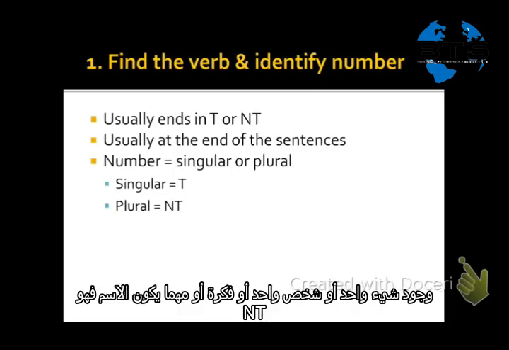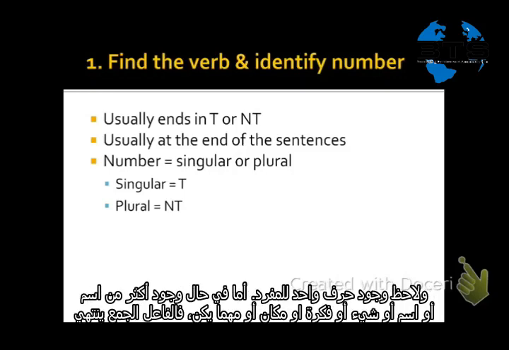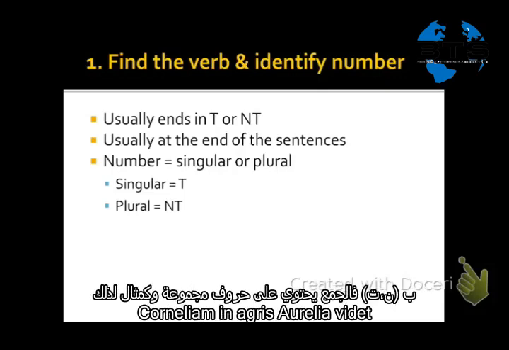If there's just one thing, one person, one idea, whatever a noun is, it ends in T and it's singular. Note there's one letter for singular. And if there is more than one person, place, thing, idea, as the subject, it's plural, it ends in NT. Notice the plural has plural letters.